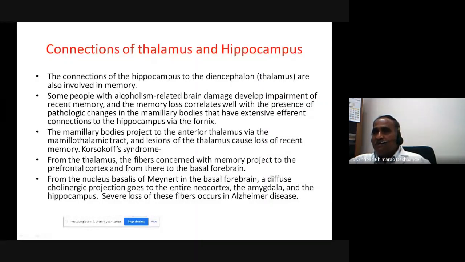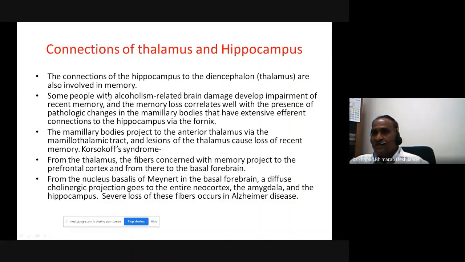Some people with alcoholism-related brain damage develop impairment of recent memory, and the memory loss correlates well with pathologic lesions in the mammillary bodies and the mammillothalamic tract, which connects to the anterior thalamus. Lesions there produce the disorder known as Korsakoff syndrome.